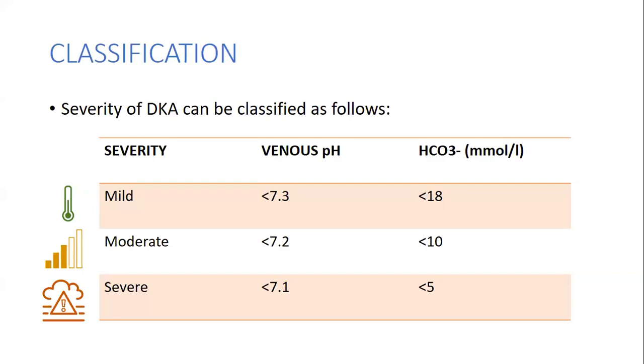And I repeat, we have revised the guideline from 15 to less than 18 so that we can capture these patients early. Then moderate, less than 7.2 and bicarbonate of less than 10. Severe, if the venous pH is less than 7.1 and bicarbonate is less than 5.